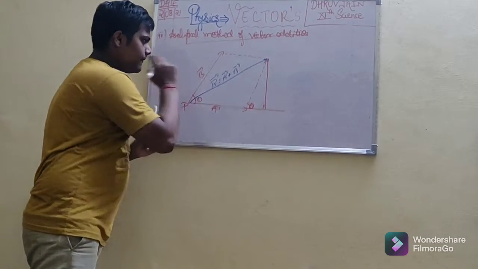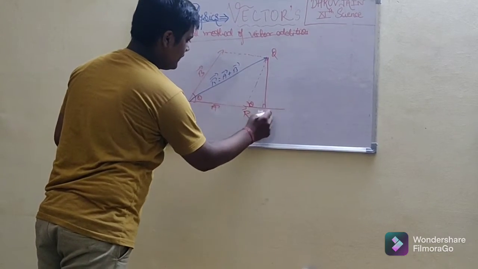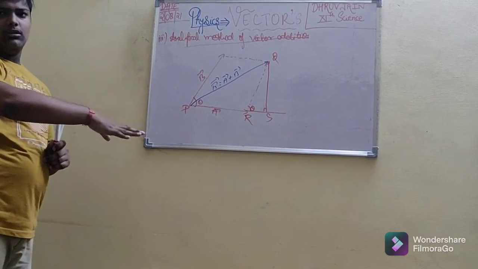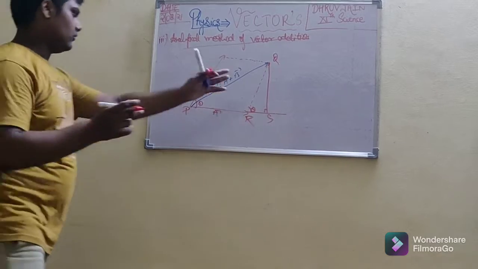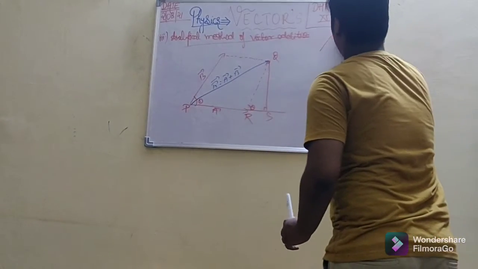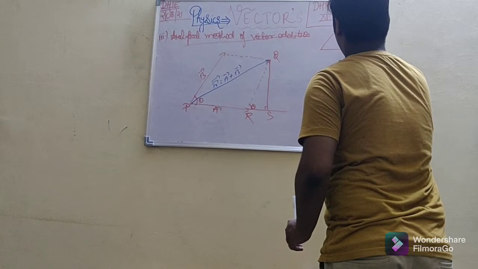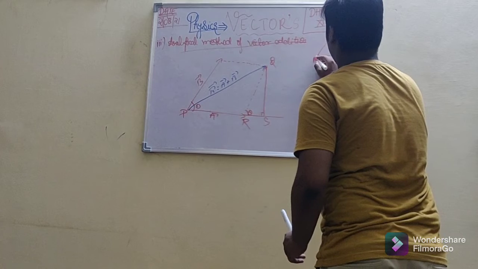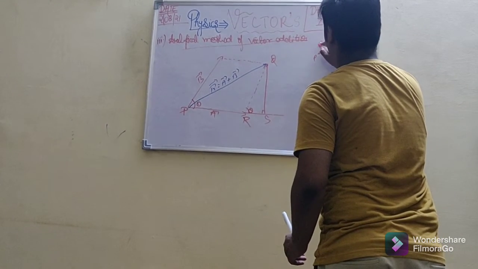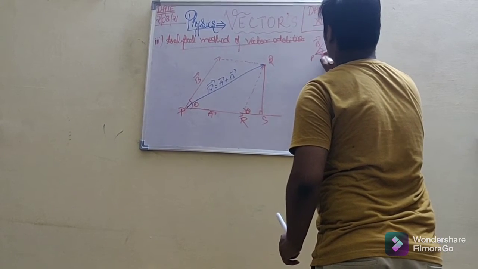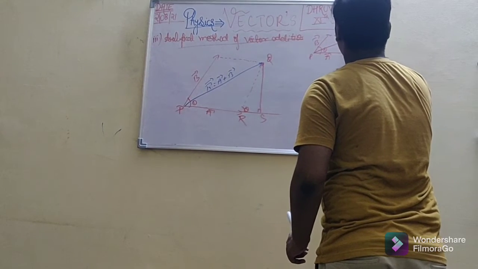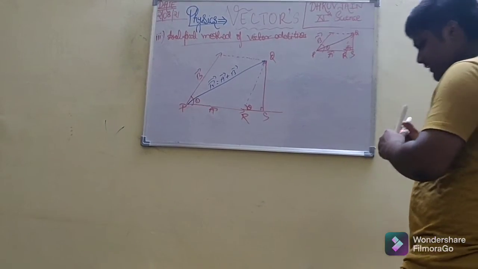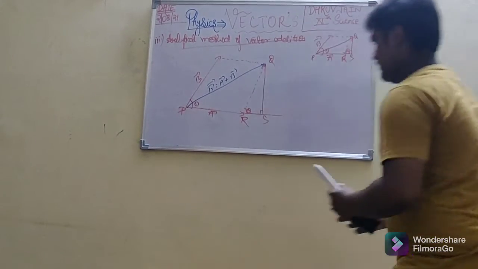Take it P, Q, R, S. I will draw a small diagram because I have to solve. If there is no space, first we draw a very small diagram. This is our vector, A vector. This is also theta. P, Q, R, S. Okay. This is a small one I have made because there is no space on my board.